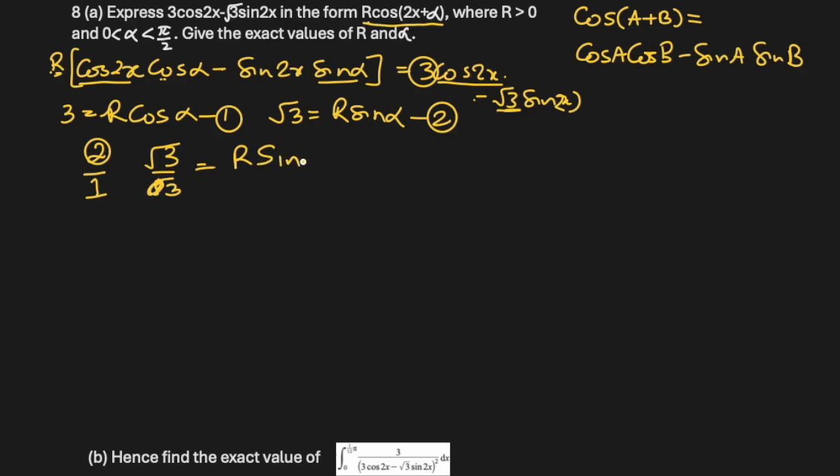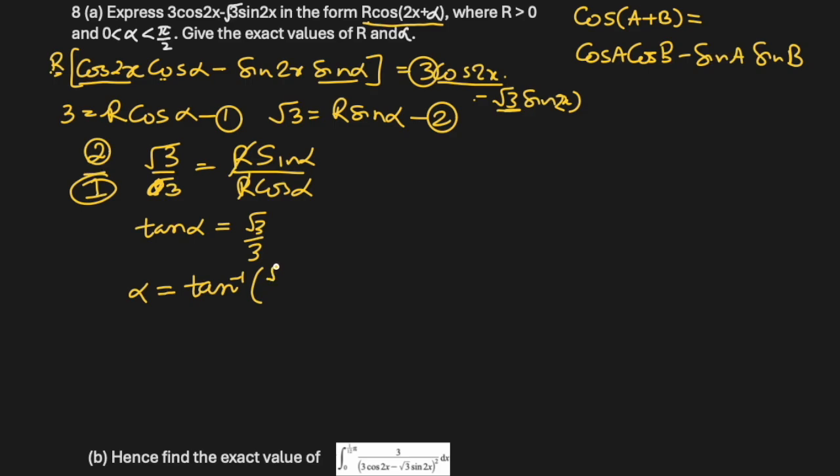And r sine alpha over r cos alpha. So r and r cancel. Sine over cos is tan alpha, which is square root 3 over 3. So alpha becomes tan inverse square root 3 over 3, which is pi over 6, not 3.